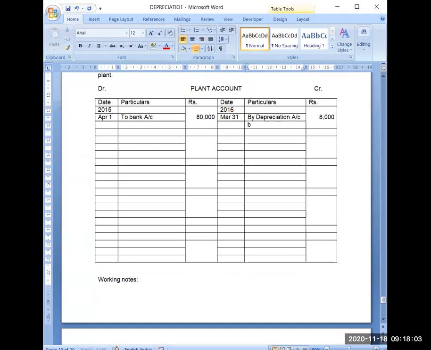Now I will calculate the balance by balance carried down. 80,000 minus 8,000. So the balance will be 72,000.